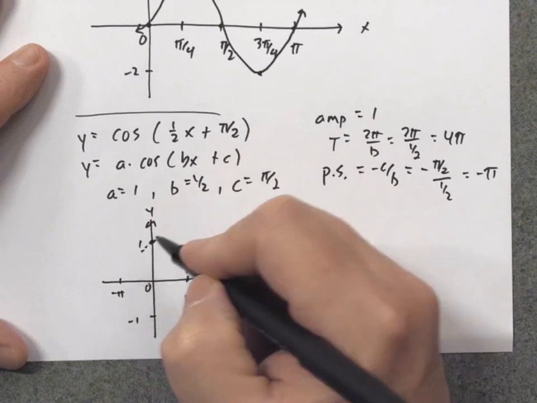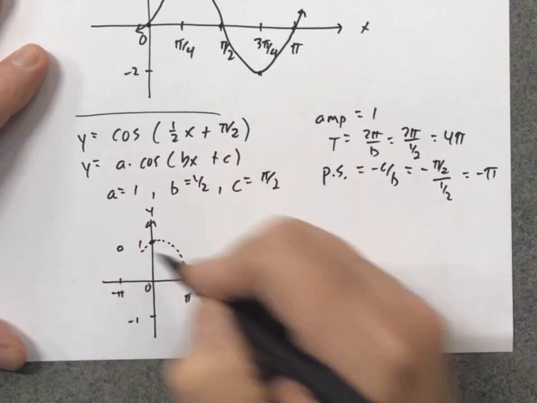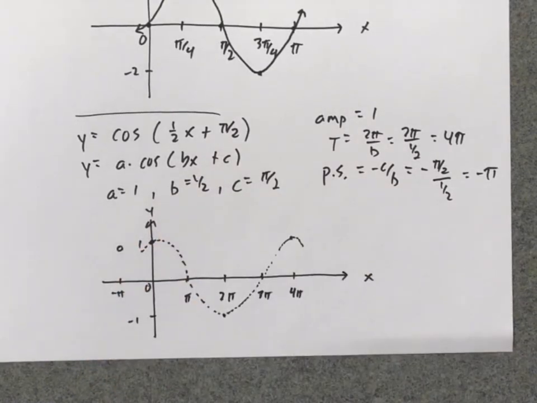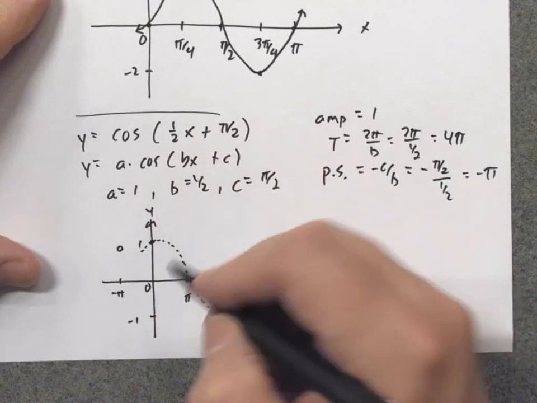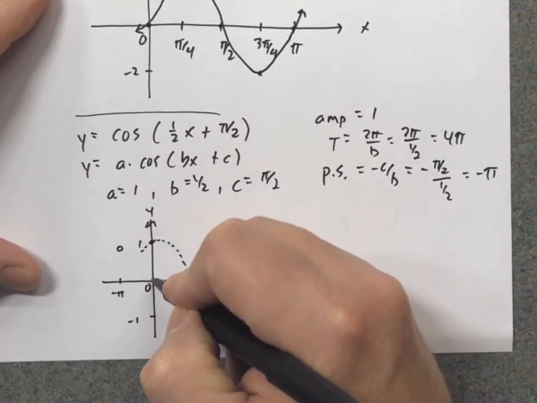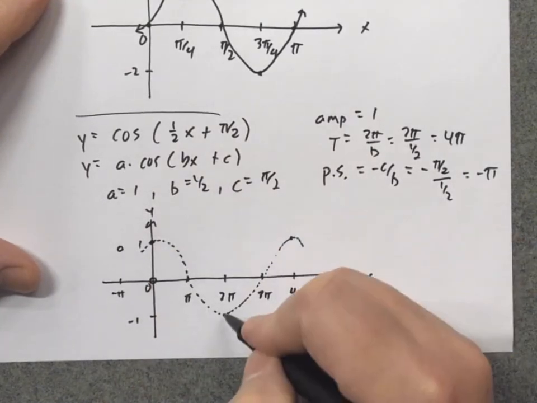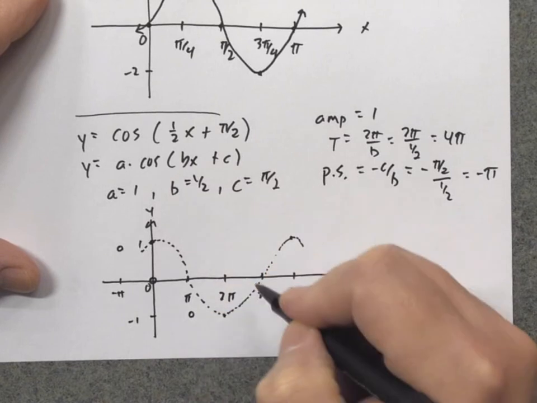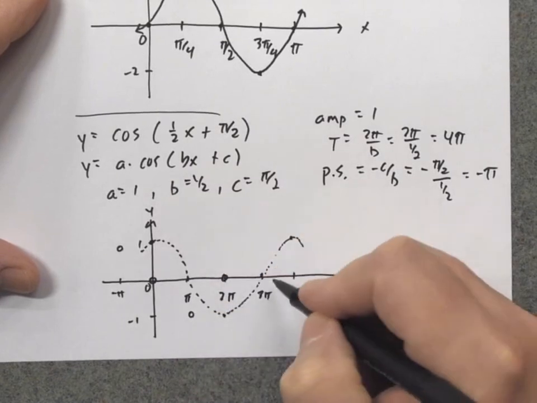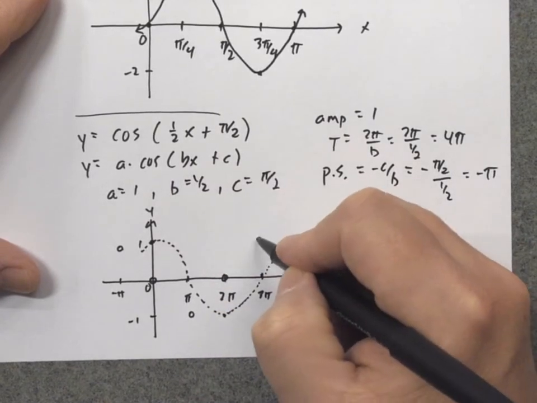I take this point, and I'm going to move that point a distance of pi to the left. So I put an empty circle here. I take this point, and when I shift it to the left, it goes here. This point goes here. This point goes here. This point goes here.